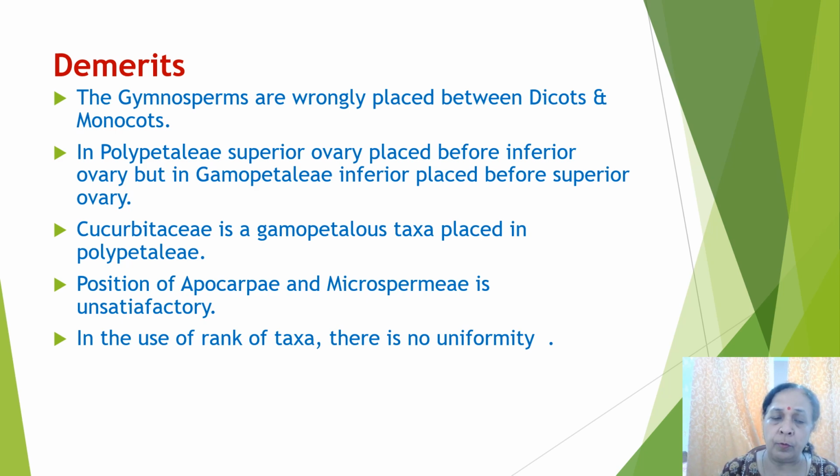It is not homogeneous in both groups. Cucurbitaceae is a gamopetalous taxon placed in the polypetalous group, and position of the Apocarpae and Microspermae is unsatisfactory in monocotyledons. In the use of rank of taxa, there is no uniformity. So we are seeing a lot of drawbacks in this classification.